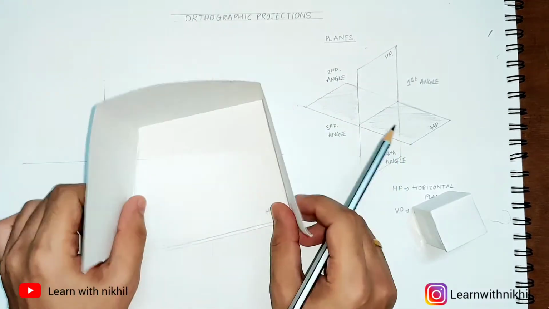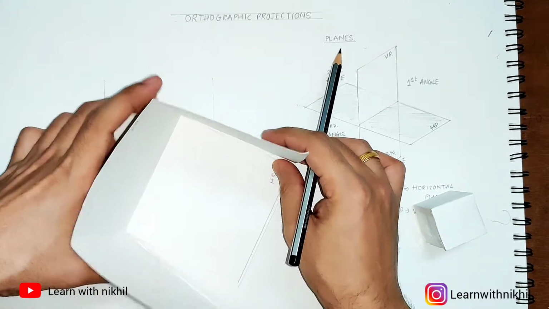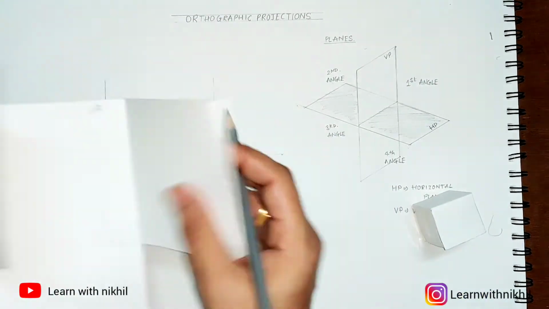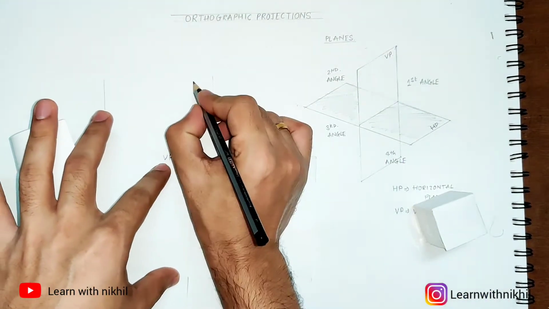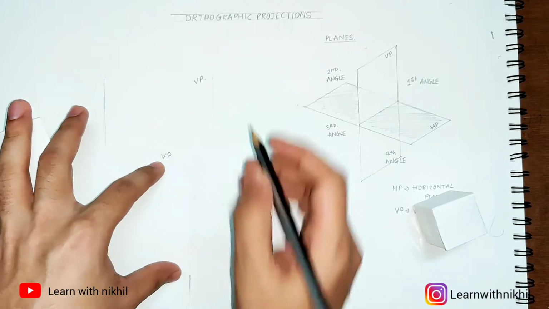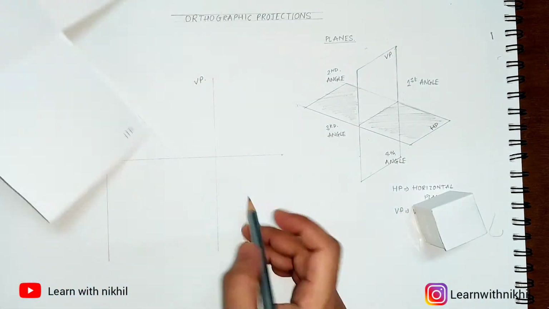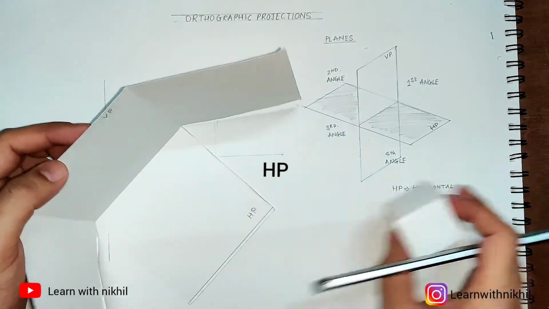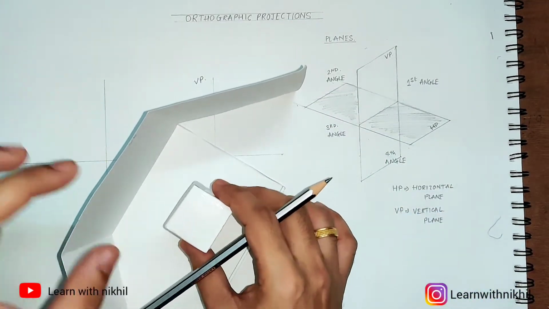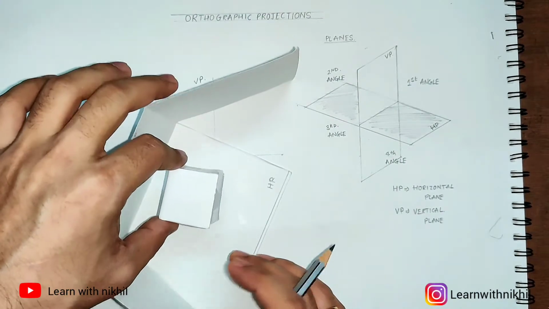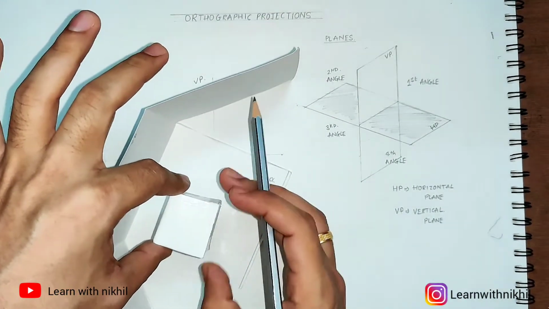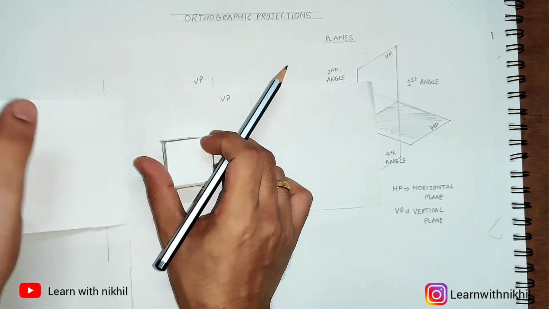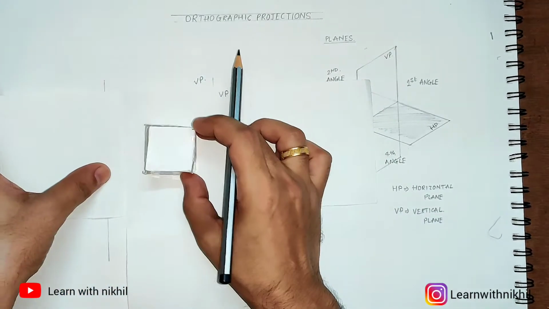As you can see, the horizontal plane and the vertical plane. The upper side is the vertical plane and the lower side is the horizontal plane. Now for drawing the front view, if you are looking from this direction, the front view will be on the vertical plane and it will be a square.